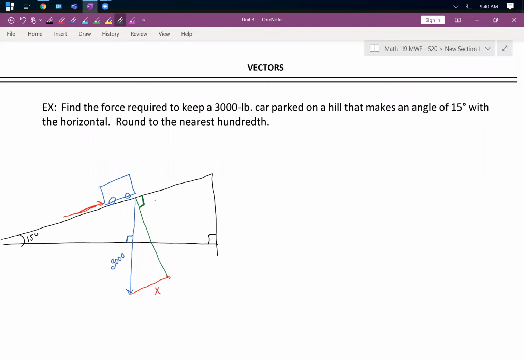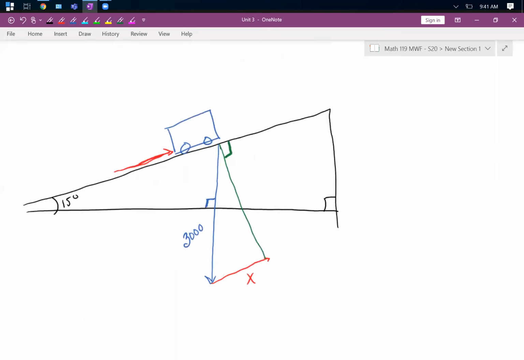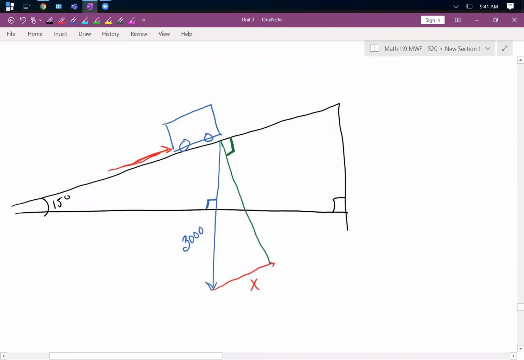Well, we need to get some more information to solve for x, and really all these diagrams are exactly the same. We're going to use the same two tricks over and over again. If we take a look at our ramp and this vector here, those two vectors are parallel to each other.